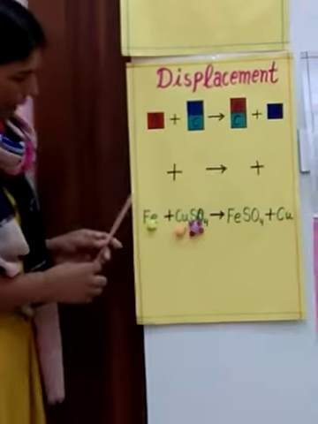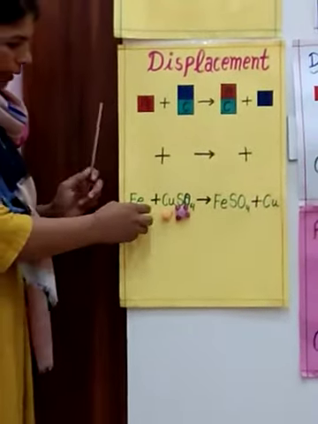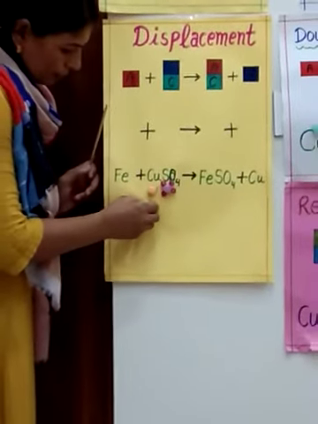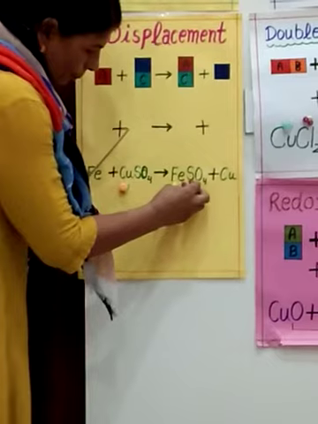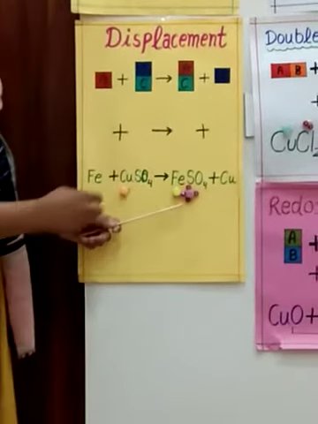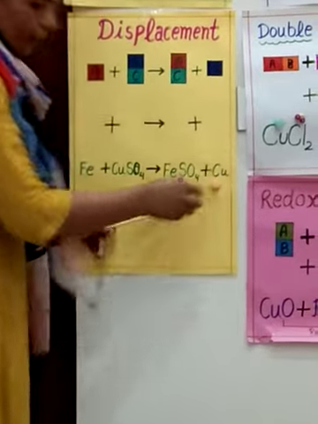So next we see how this chemical reaction actually takes place. Iron combines with the sulfate group to form iron sulfate and copper becomes free.